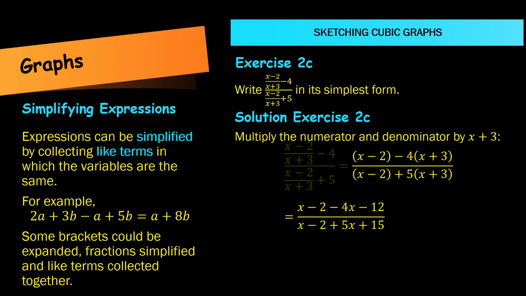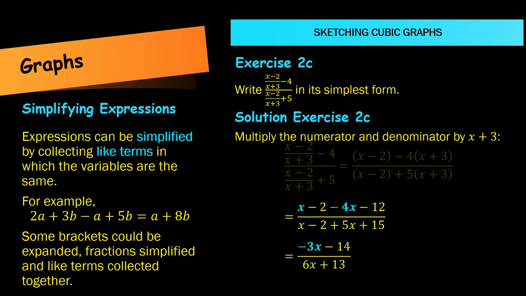And tidying up gives us minus 3x, we've collected the x terms together, minus 14, we've collected the constants together, all over 6x, again we've collected the x terms together, plus 13, we've collected the constants together. And this is our simplified expression.